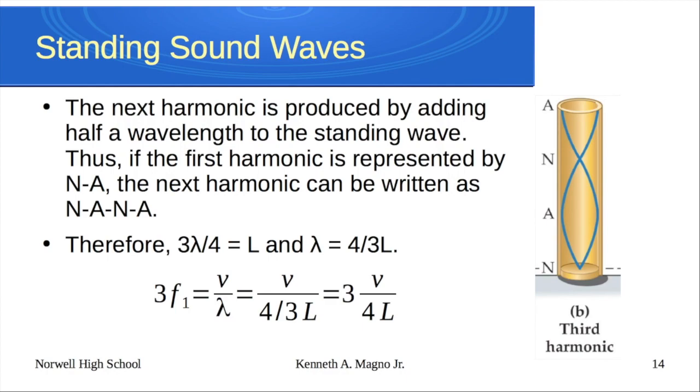So the next time I'm going to hear it is at the third harmonic, when I get the antinode again at the open end. So now lambda is equal to 4/3 of L. And again go through the math, and this time I find out that 3 times that fundamental frequency is what I have. So it's 3 times v over 4L.